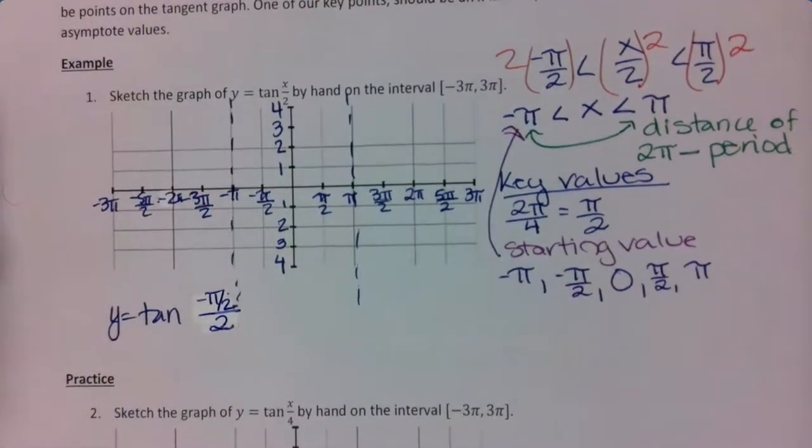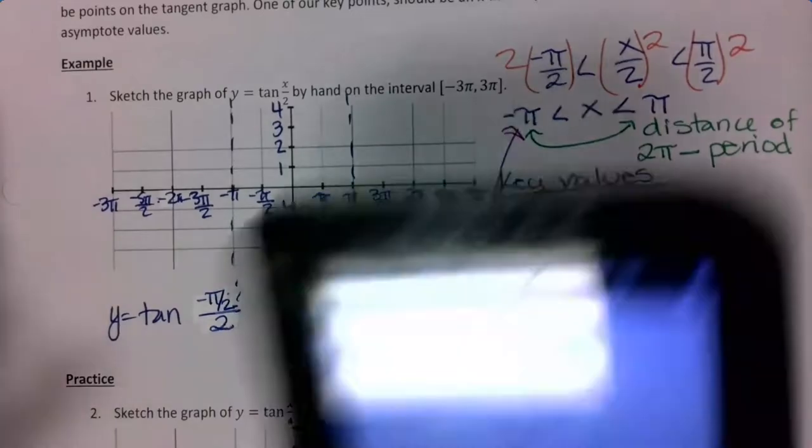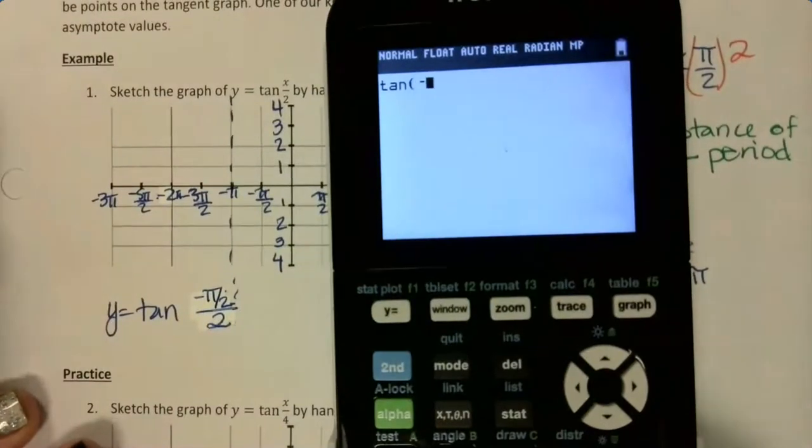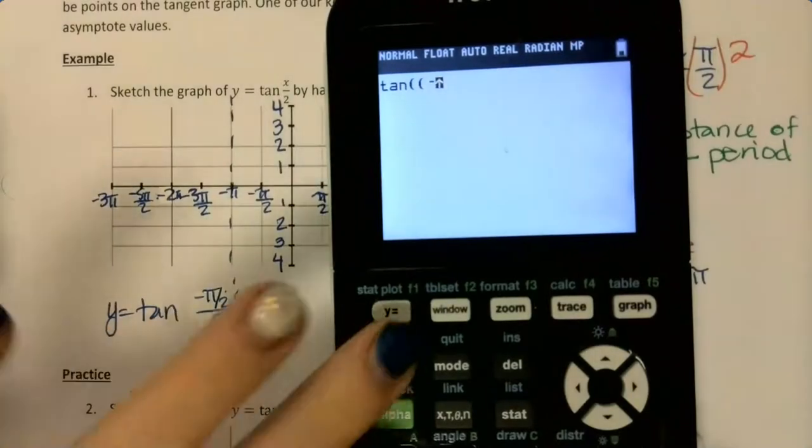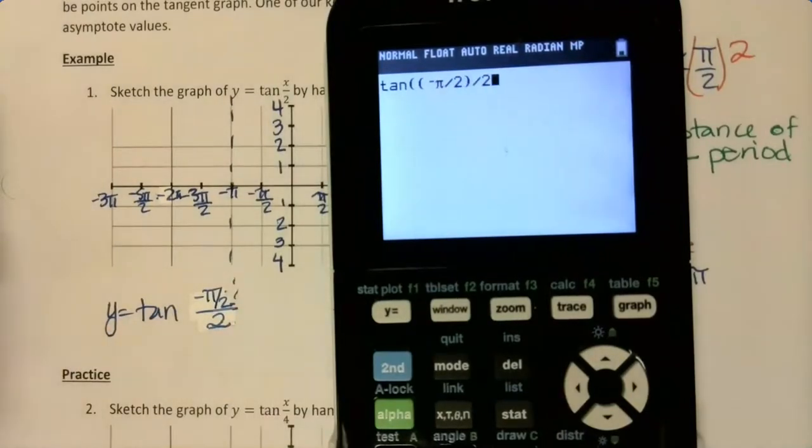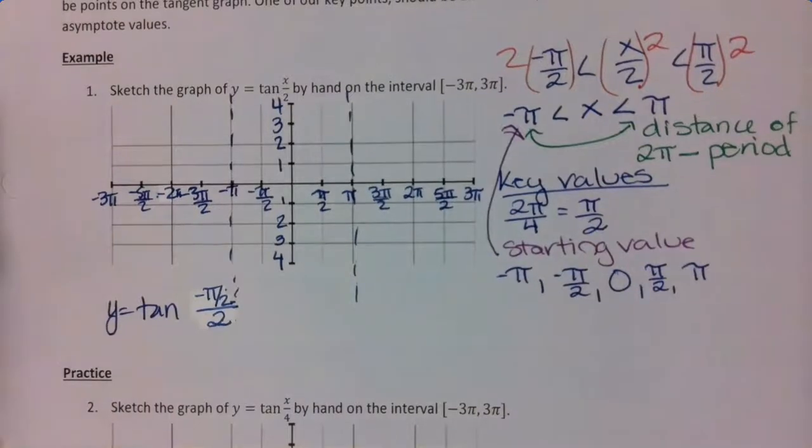So the way I type this into my calculator is I'm going to put the part I'm plugging in parentheses, and then divide that by 2. Okay, so what does this get us? Negative 1.